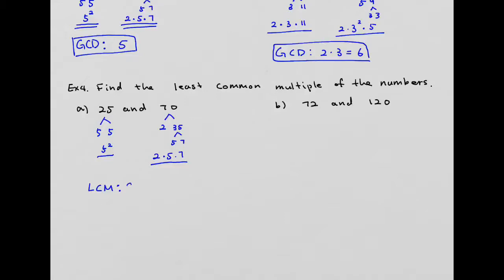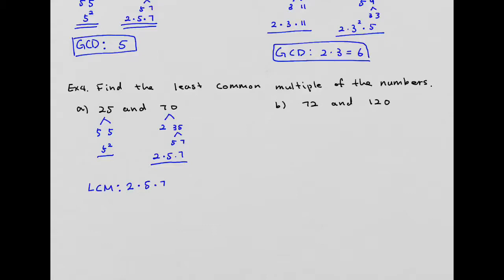So I have 2, and I have 5, and I have 7, right? And if you have the same number, here I have the same number, then you use the one with the higher exponent.